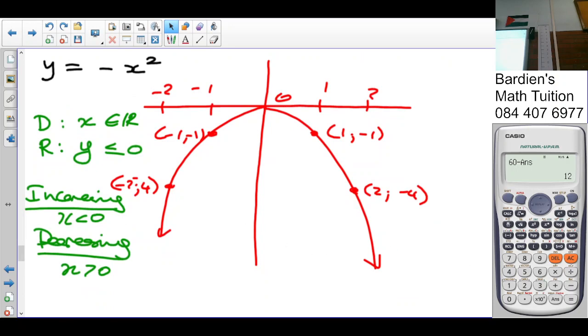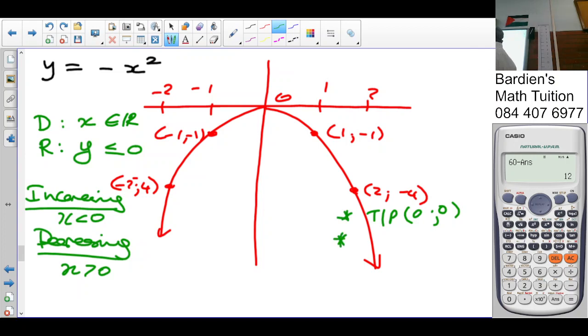Okay, so this graph here, yes, has a turning point, its coordinate of 0 and 0, not so. What else did we say? Maximum or minimum? The turning point happens where? On top, so it's a maximum.